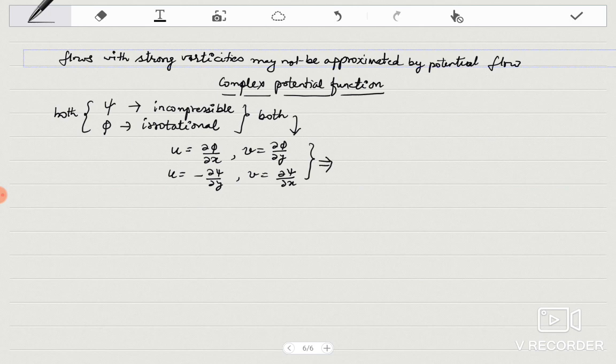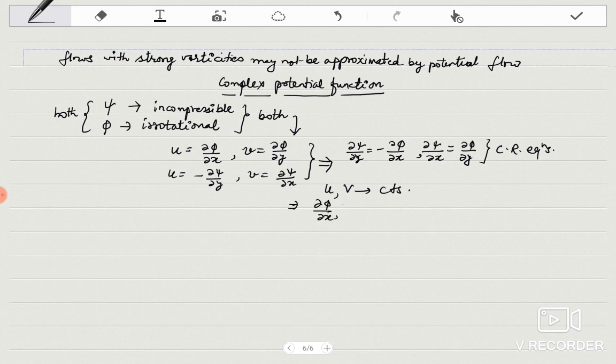Combining the two, I may write that ∂ψ/∂y = ∂φ/∂x, and ∂ψ/∂x = −∂φ/∂y. If you recognize these equations, these are the Cauchy-Riemann equations. Further, as we know that u and v are continuous, and these are written in terms of u and v, this implies ∂φ/∂x, ∂φ/∂y, ∂ψ/∂x, and ∂ψ/∂y, all four components, are also continuous.